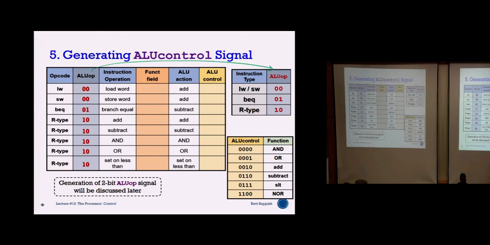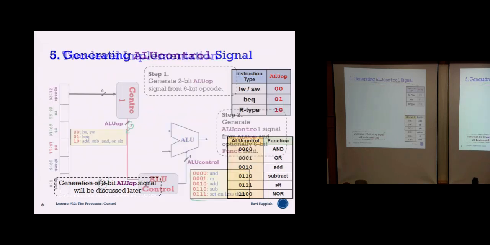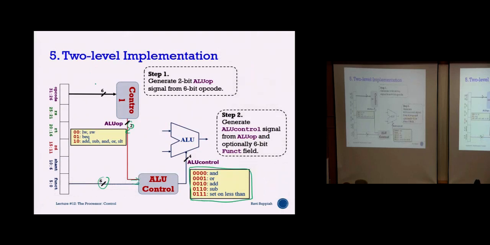If ALU op is 00, then it is a memory instruction. If it is 01, then it's a branch instruction. If it is 10, then it is an R-type instruction. That is the mapping that is done from the opcode itself. So if you look back here, just using the 6-bit opcode, I directly translate to my ALU op.